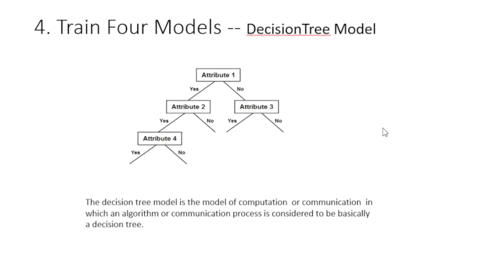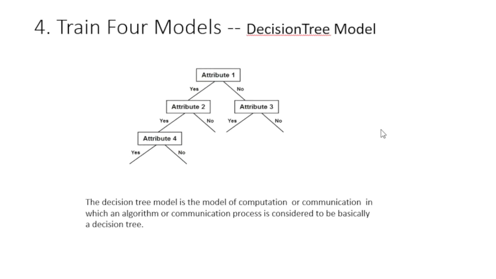The second model is a decision tree model. In this figure, we can see the decision tree model is a model of computation or communication in which an algorithm or communication process is considered to be a decision tree. For example, a sequence of branching operations based on comparisons of some quantities, the comparisons being assigned unit computational cost.